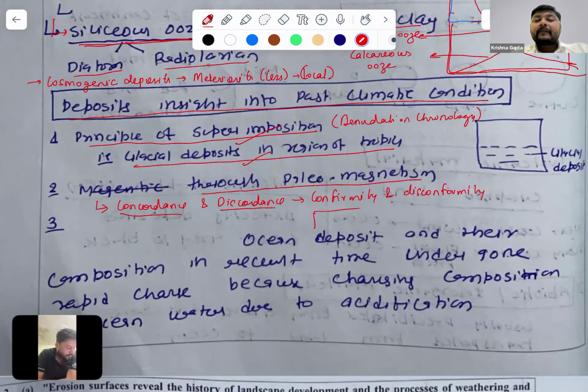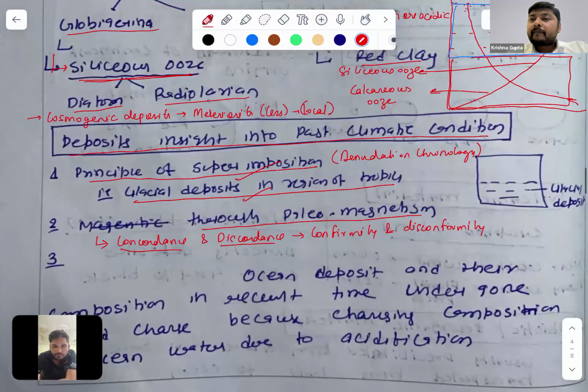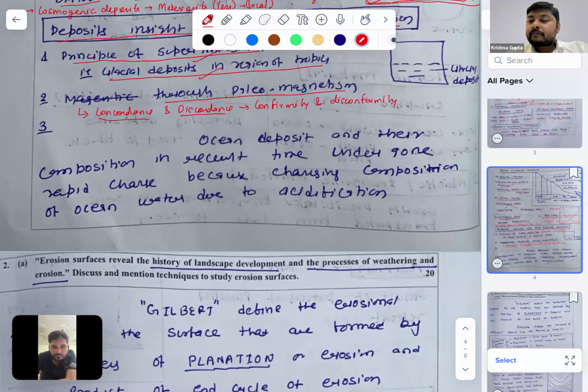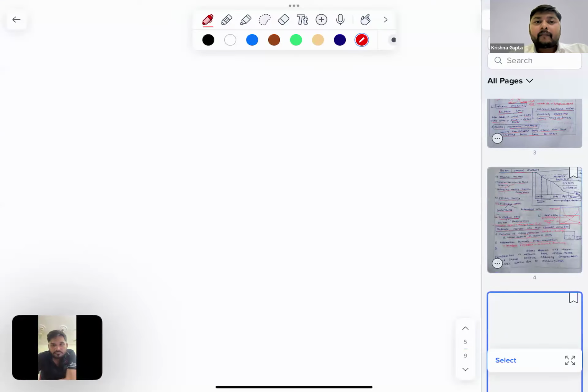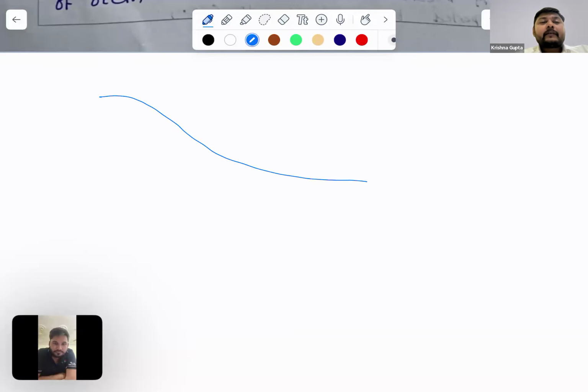For example, we have a deposition of certain layers which is happening over the oceanic region. Okay, this is not a very good diagram, I'll just make a better one. So what is happening here? For example, this is an oceanic region, and this is the sea level in the contemporary time.